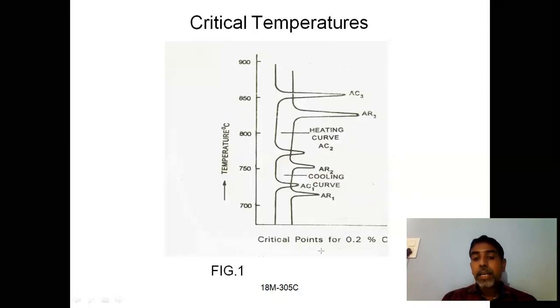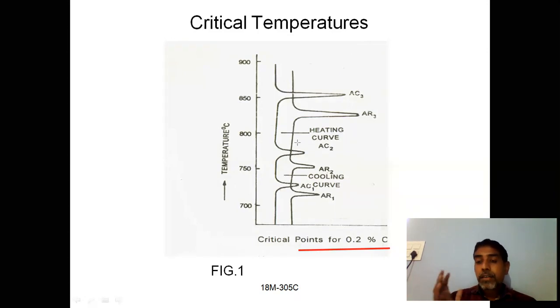I am taking a curve for a steel of 0.2% carbon, which is constant on the x-axis, and I am taking temperature on the y-axis.